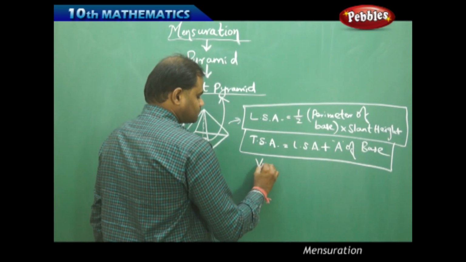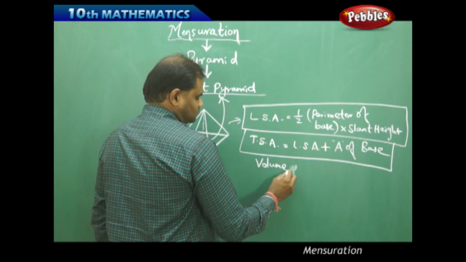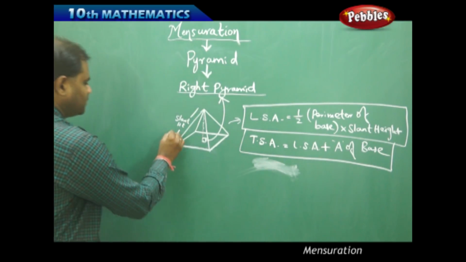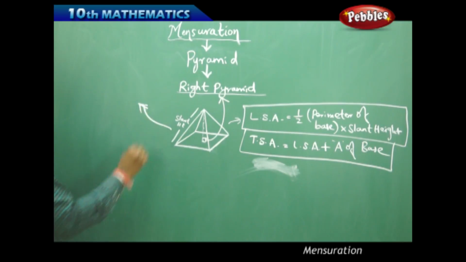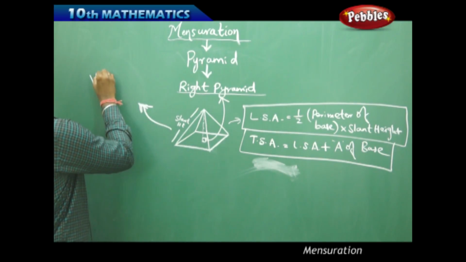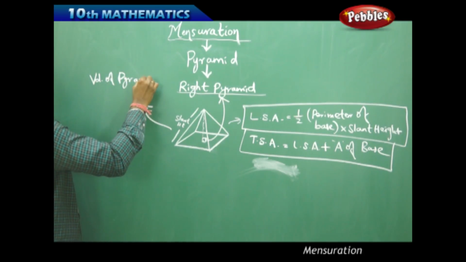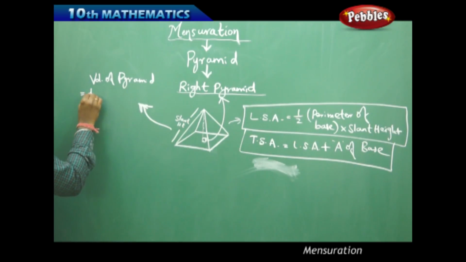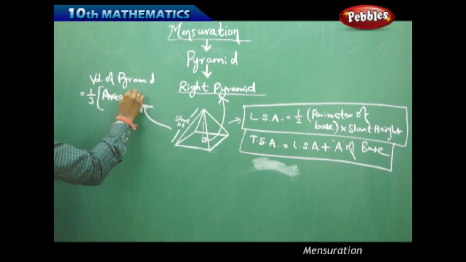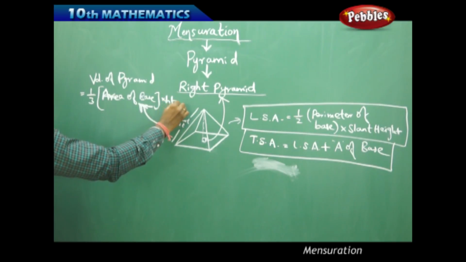Next comes volume. So what is the volume of a pyramid? How do I find the volume? Now, volume of pyramid is given by 1/3 of area of base into height.